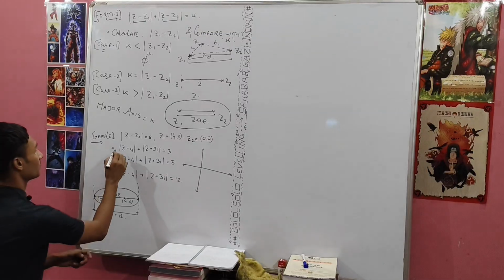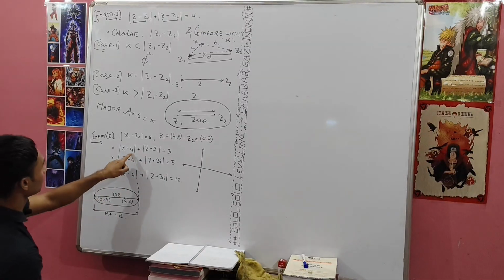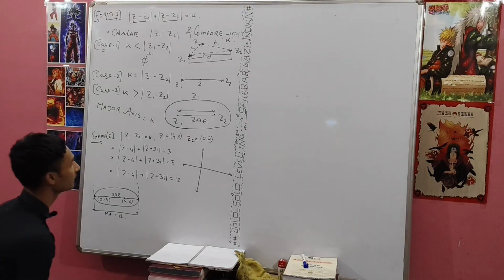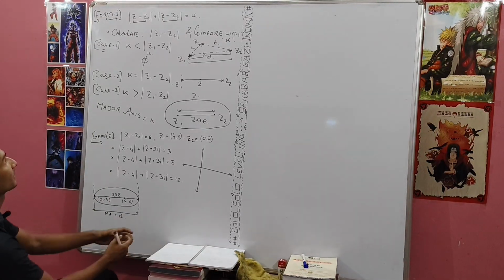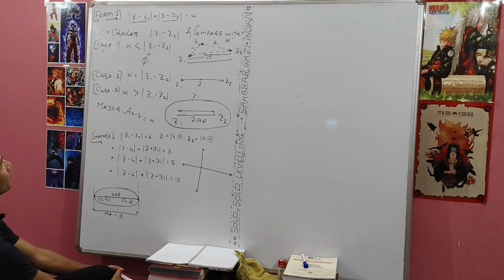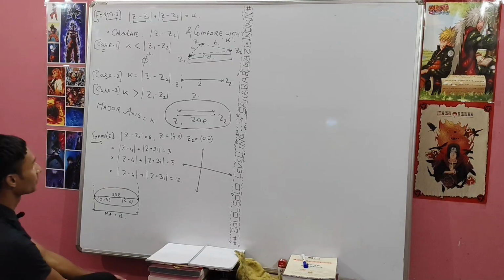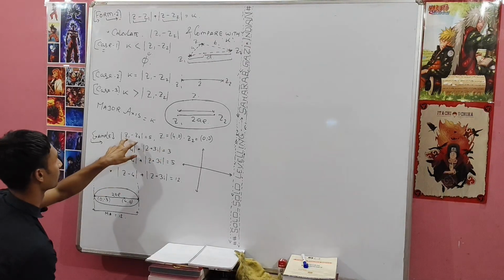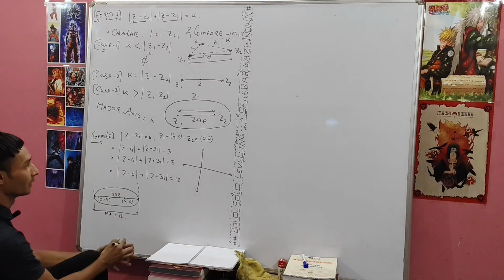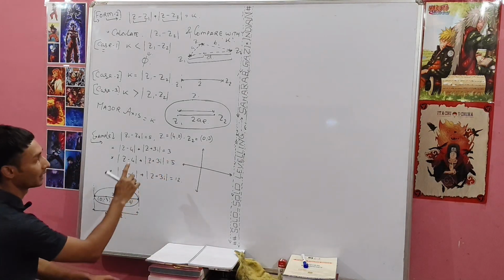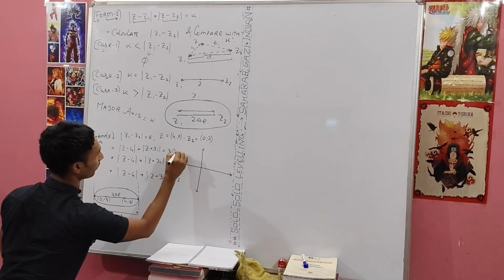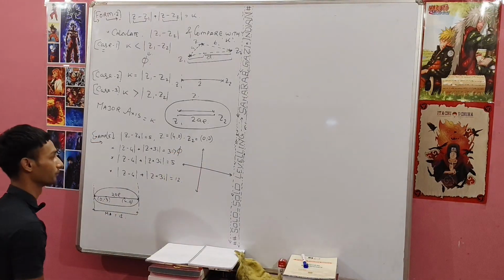Yes. So mod of z minus 4 plus mod of z plus 3i is equal to 3. That is case number 1. First calculate z1 z2. Here mod of z1 z2 is given as 5. So 5 is greater than 3. So here you will get no locus.